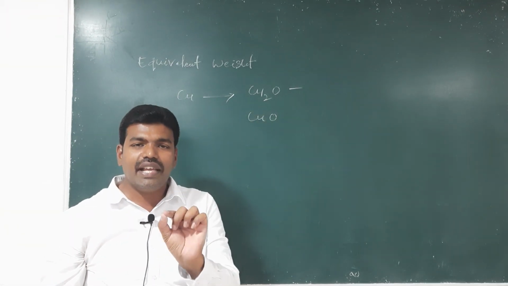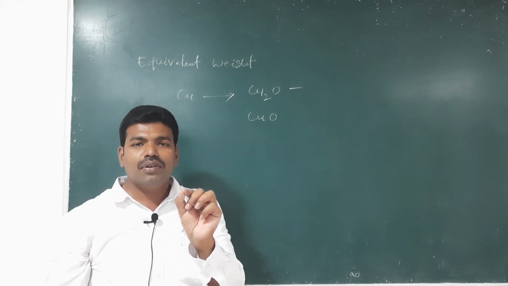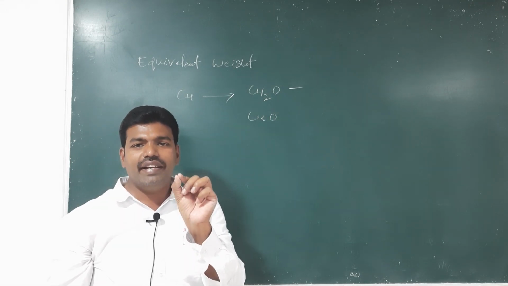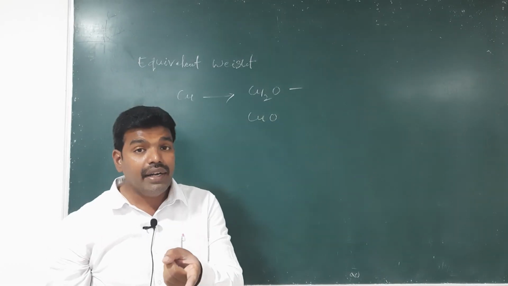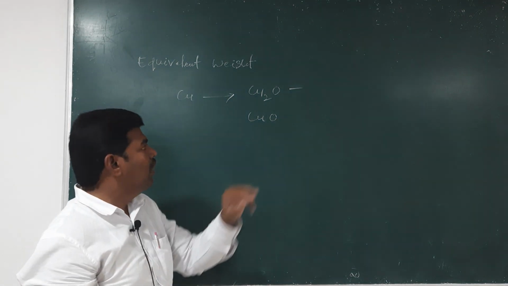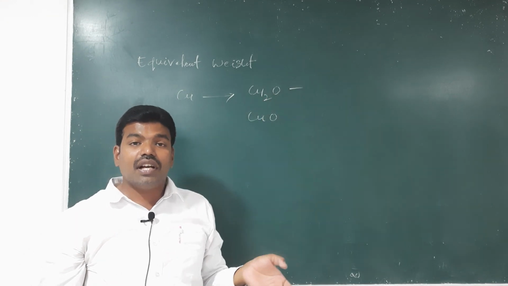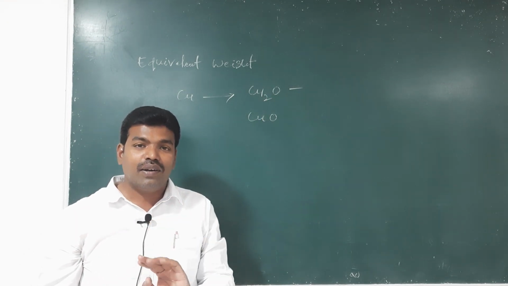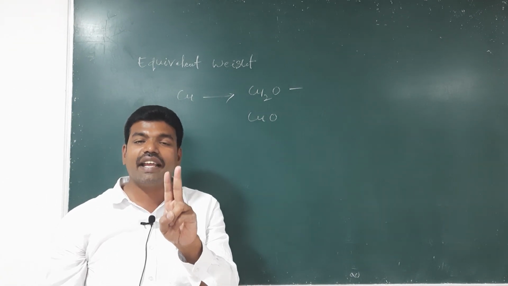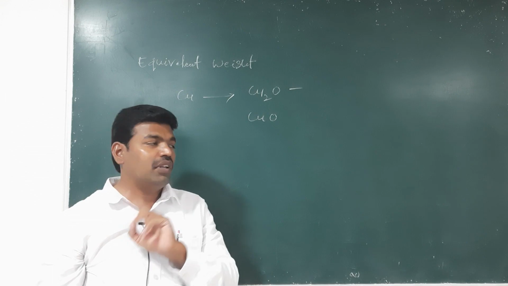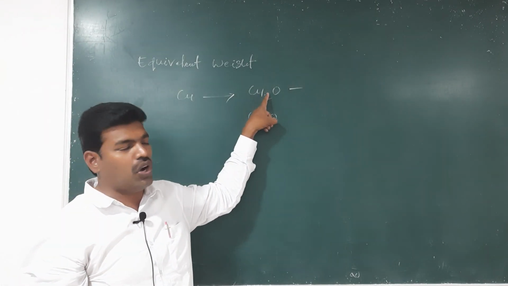If you want to get the equivalent weight of any element, then you should divide its atomic weight by its valency. Already I told you, 16 grams of oxygen contains 2 equivalents. Now we shall calculate the equivalent weight of copper in this cuprous oxide.